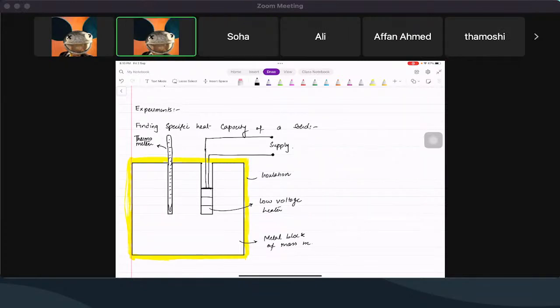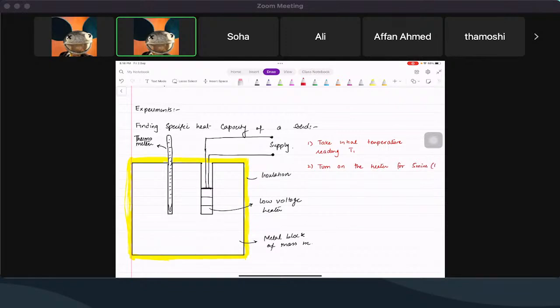So first of all, take the initial temperature reading. Let's call it T1. Then turn on the heater for 5 minutes.